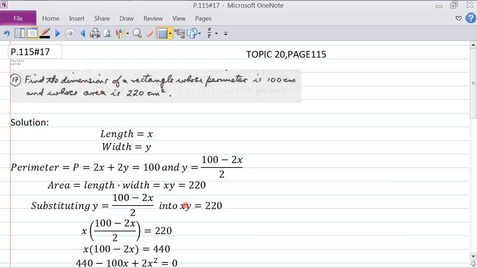Before, this didn't really help me because I had two variables; there's no way I can solve that equation. So I get y in terms of x, which I got right here from the perimeter.